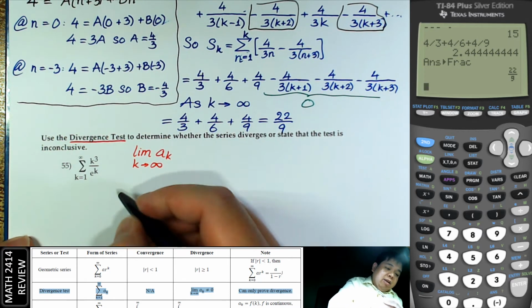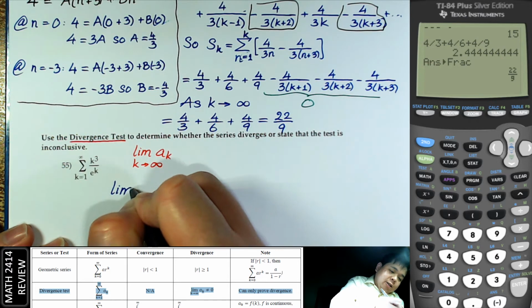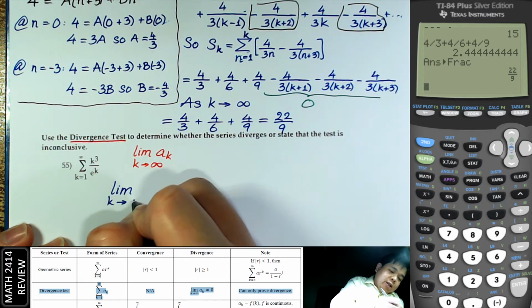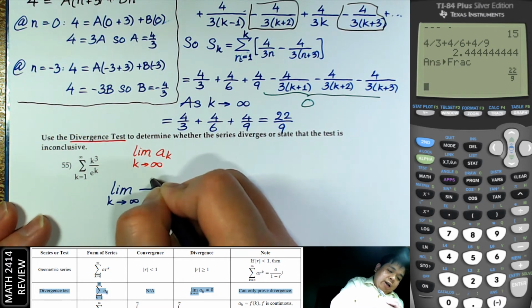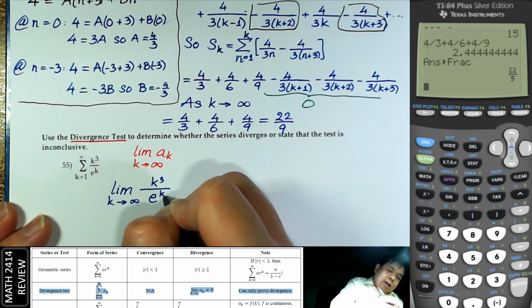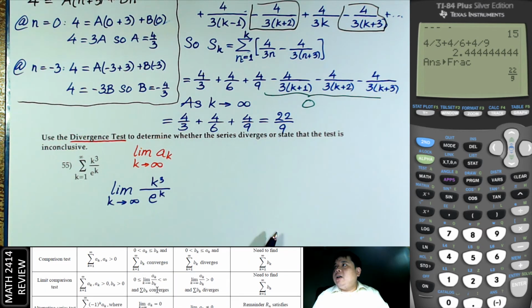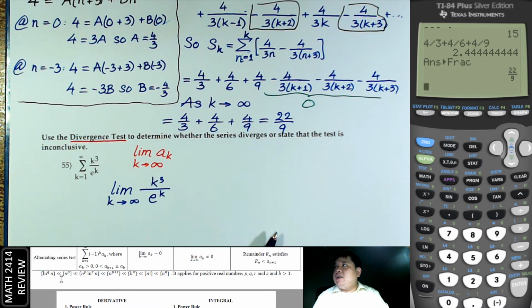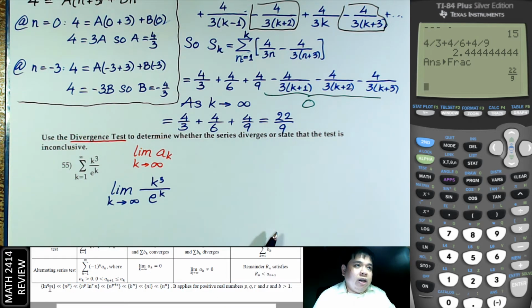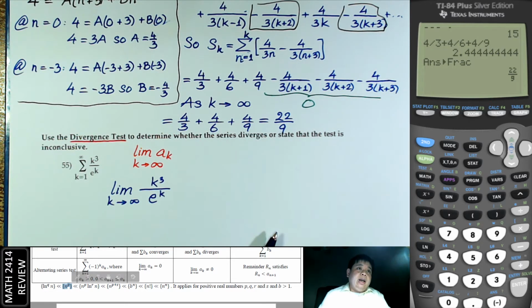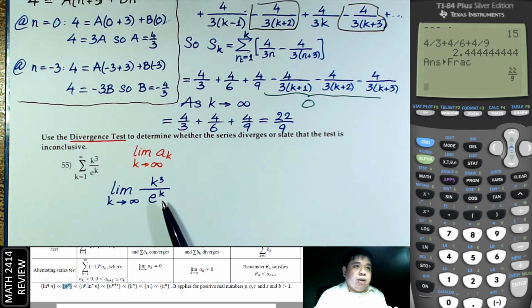Right, so we just find the limit as k goes to infinity of k cubed over e to the k. Of course, we can find the limit, but in this case, we just look at the growth rate there. We have n to the p, where n is the index raised to a constant power.